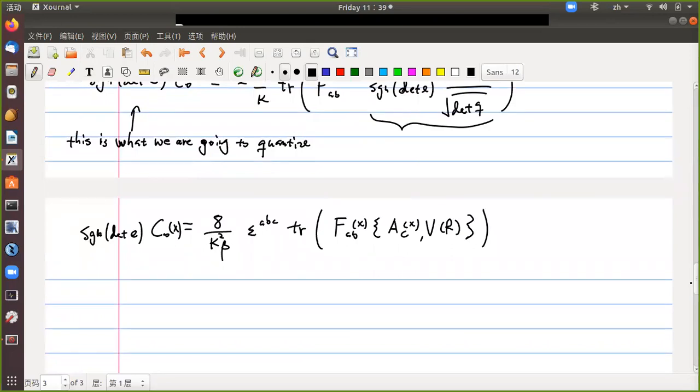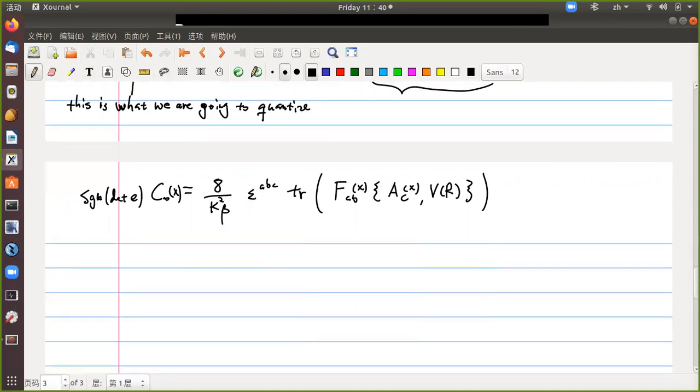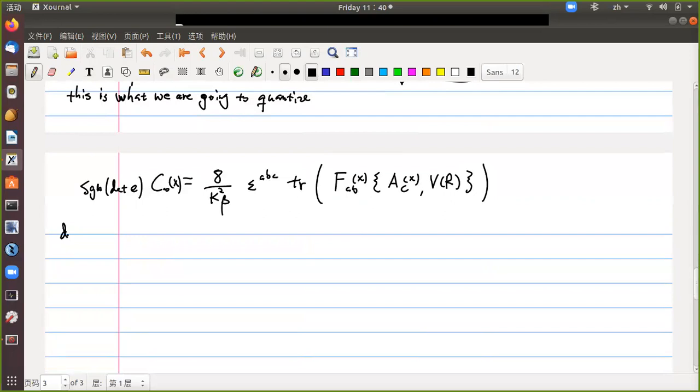So how to do the quantization? As I mentioned last time, as we did all the time for geometrical operators, we have to first discretize this formula on the lattice, and then quantize the discretized formula. So now first we are going to do the discretization.